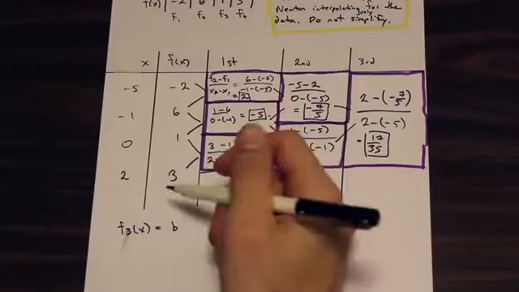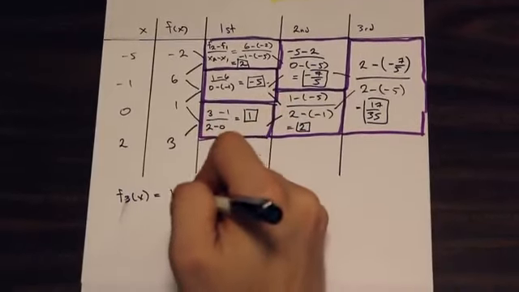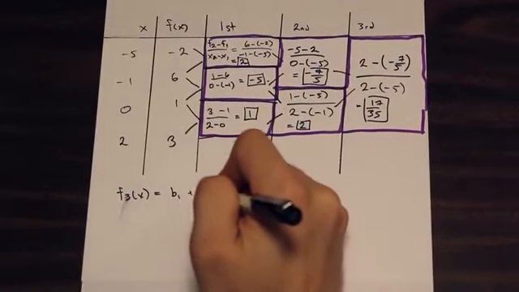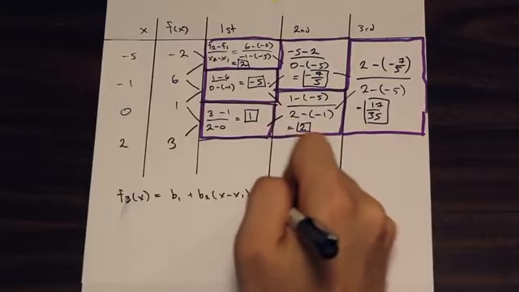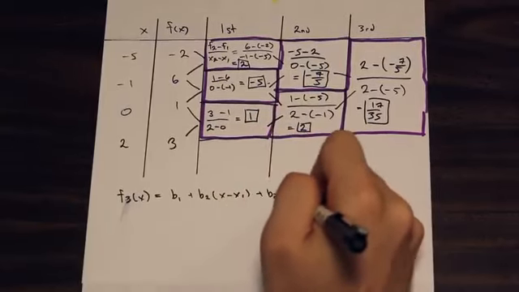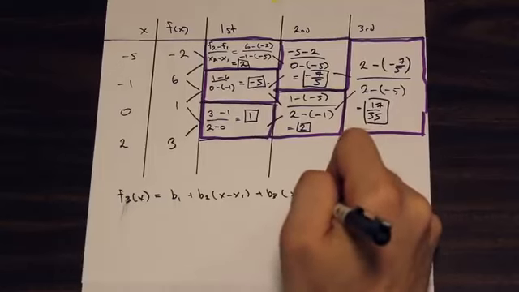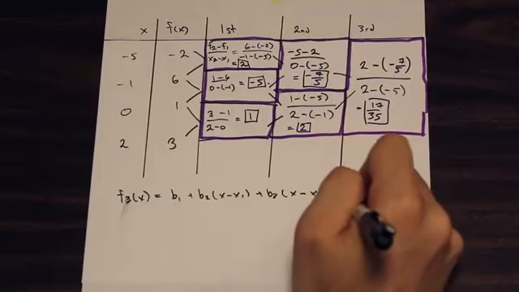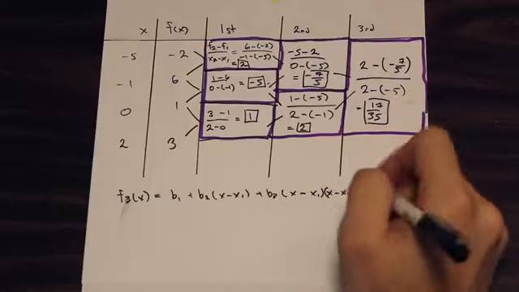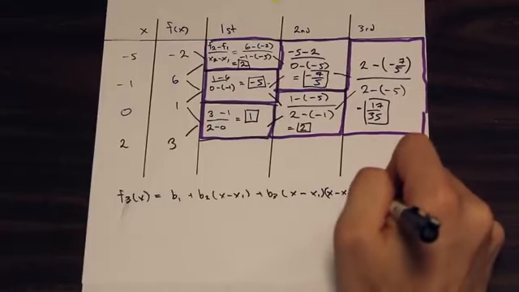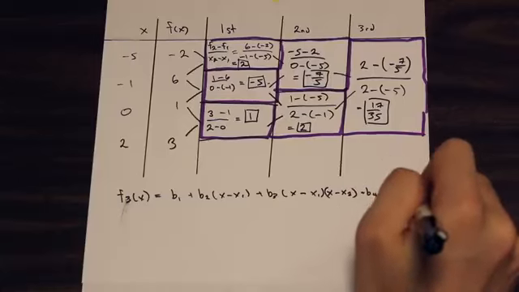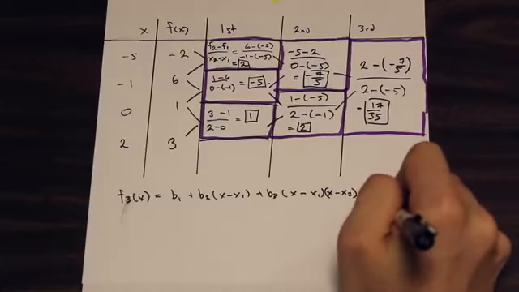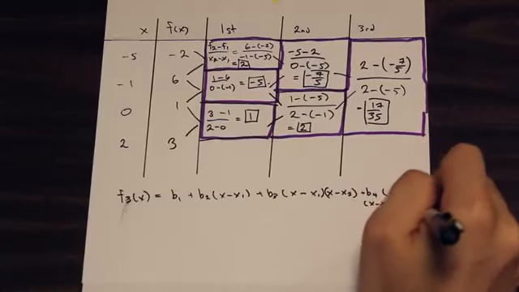Since we have 3 terms, that is going to be b1, plus b2(x minus x1), plus b3(x minus x1)(x minus x2), plus b4(x minus x1)(x minus x2)(x minus x3).